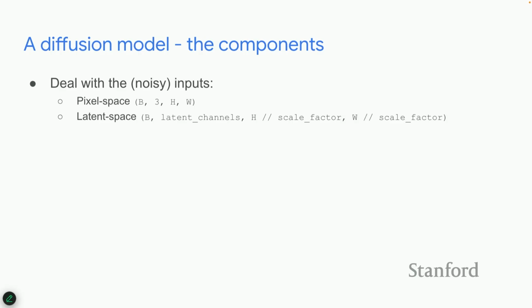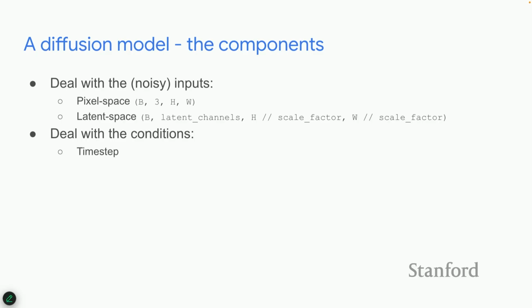And then you will have to deal with the conditions, right? Because in all the text-to-image models that you see, text is your condition. And of course, the time step. The amount of noise that gets added to your latents should depend on the time step. Let's say if your time step is 10, the amount of noise that will get added to your data points will be different from when the time step is 100 or 1,000.